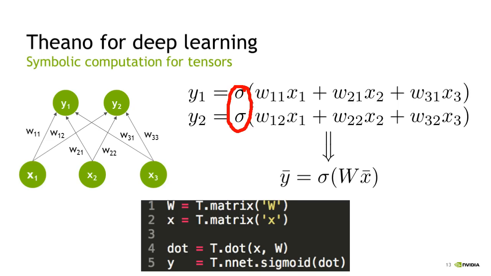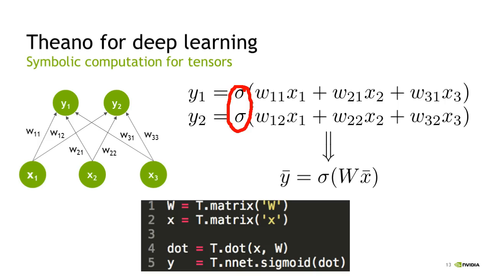So this pair of nonlinear equations can be written as a nonlinear matrix equation, y bar equals sigmoid of w x bar, where x bar is just the vector x1, x2, x3, y bar is the vector y1, y2, and w contains all of the weight values.